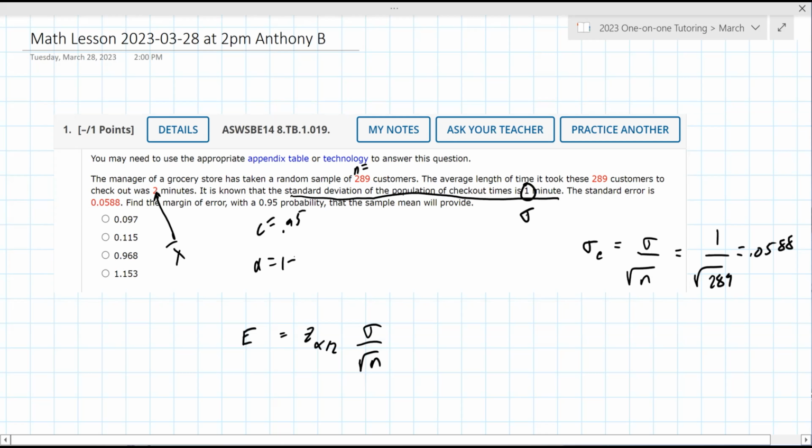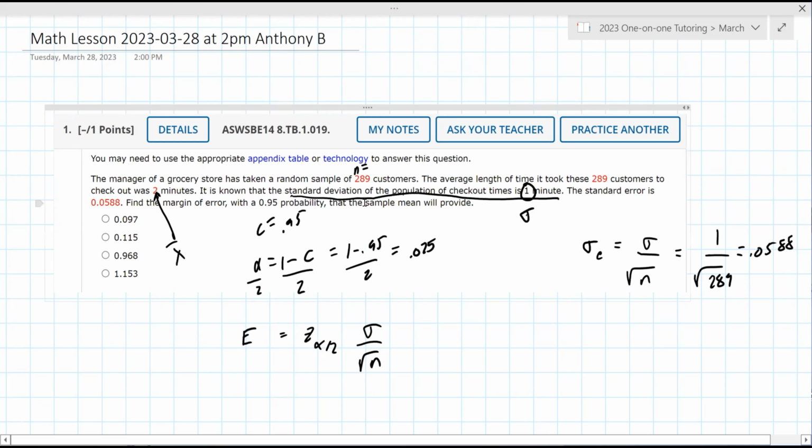Alpha is 1 minus C. You do want alpha divided by 2, so you divide it by 2. 1 minus 0.95, divided by 2, is 0.025. So that's where you go to your table, or your calculator. We did this yesterday. That produces a z value of 1.96 times 0.0588.